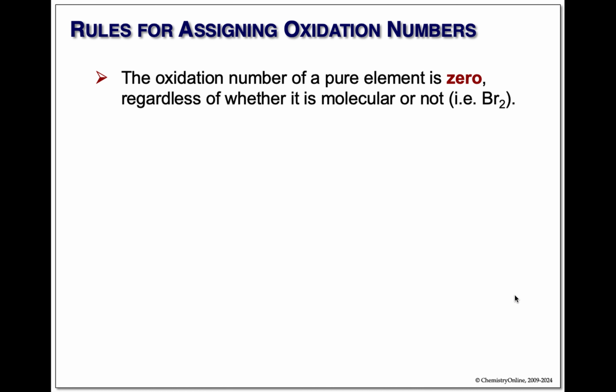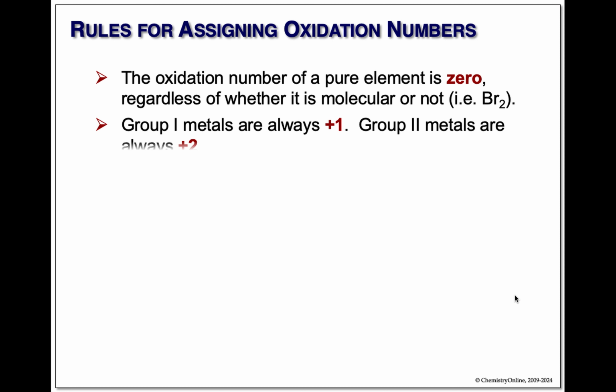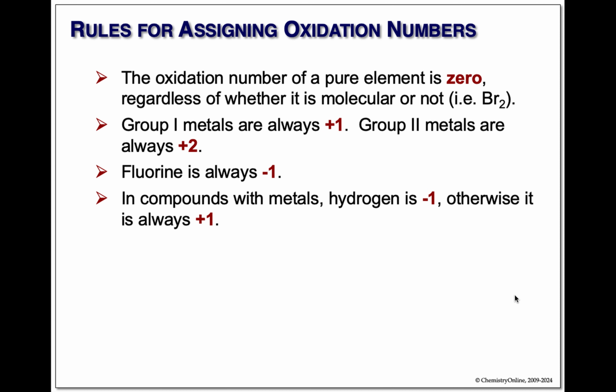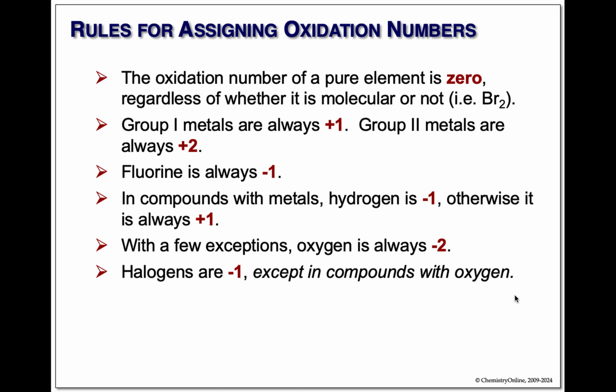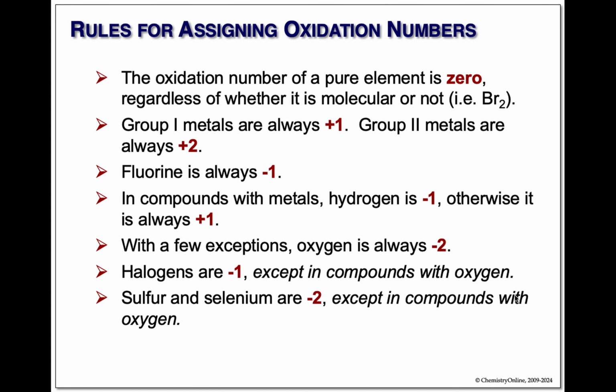Here are the rules. Elements are zero. Group 1 are +1. Group 2 are +2. So these guys make it simple. Fluorine, most electronegative element, is -1. Always. Now it gets a little more interesting. For hydrogen, you can make a metal hydride.